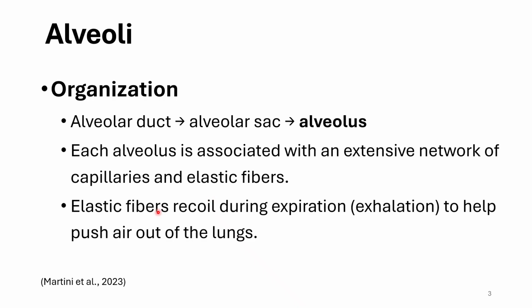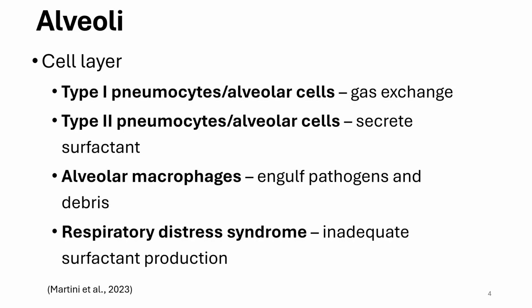Elastic fibers recoil during expiration, and that helps push the air outside of the lung into the environment. For the cellular layer, we have the type 1 pneumocyte, which is the alveolar cell that helps in the gaseous exchange.